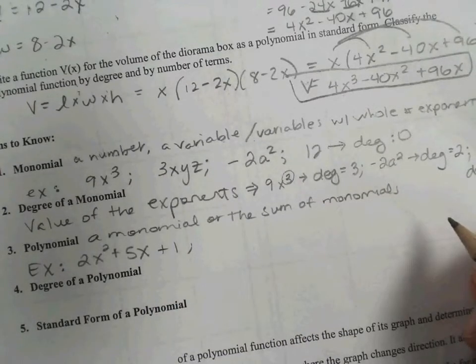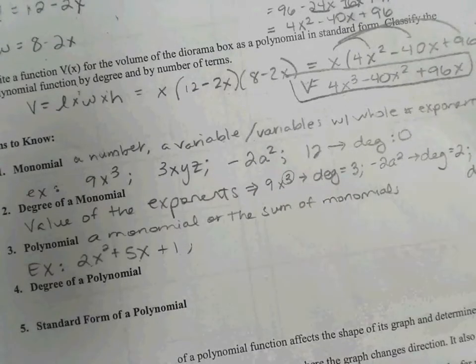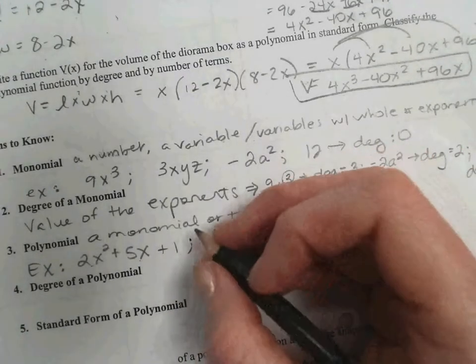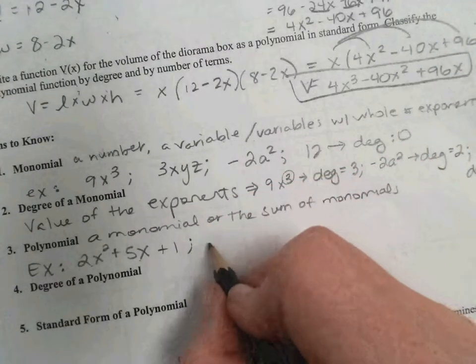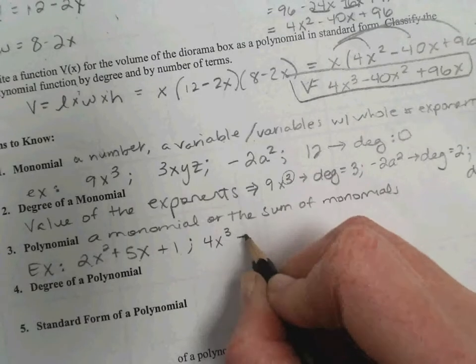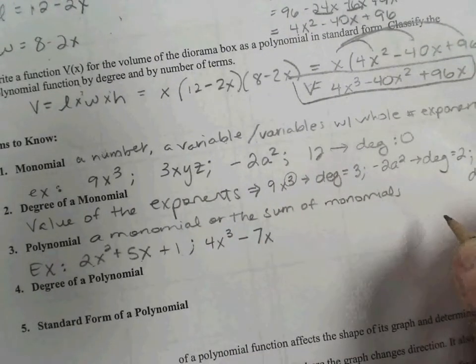That's a polynomial. You can see that there are 3 terms separated by plus signs. Another example of a polynomial might be 4x cubed minus 7x.